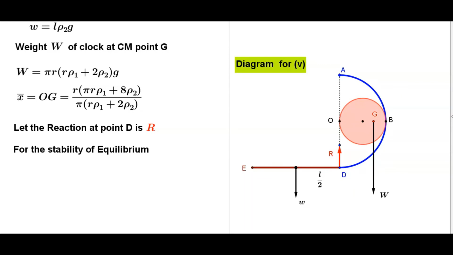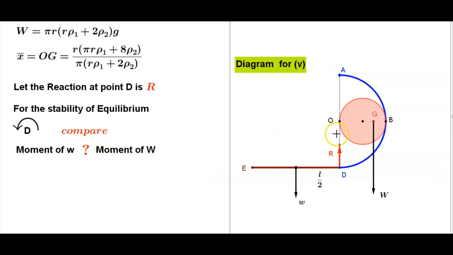For the stability of equilibrium, when we take moments about point D, there are two forces, small w and capital W, so we want to compare the moments of these two forces.